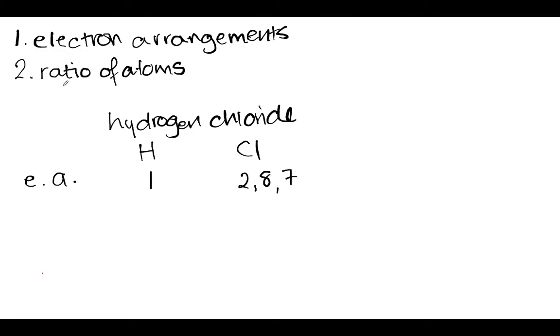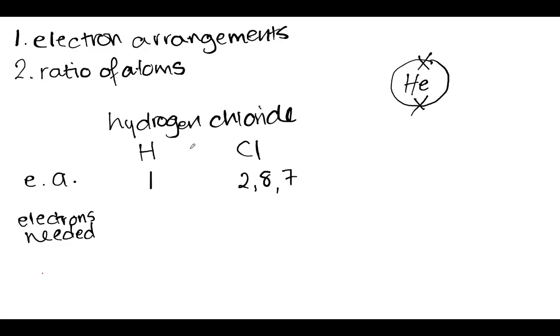Now before we jump to the ratio of atoms, we first need to answer the question, how many electrons are needed for hydrogen and chlorine to have stable outer electrons? Hydrogen wishes to have the same electron arrangement as helium, which has 2 electrons, so it needs 1 more.